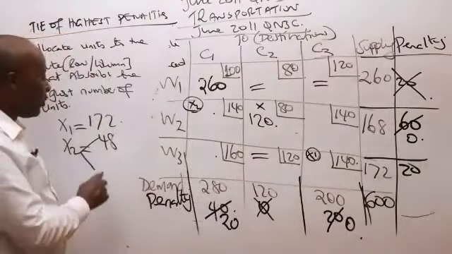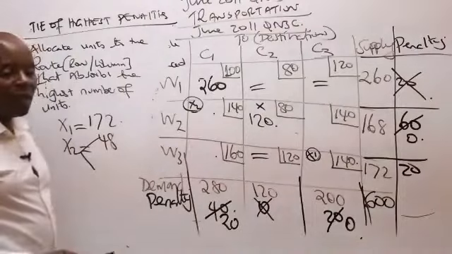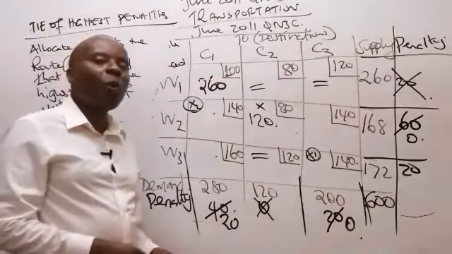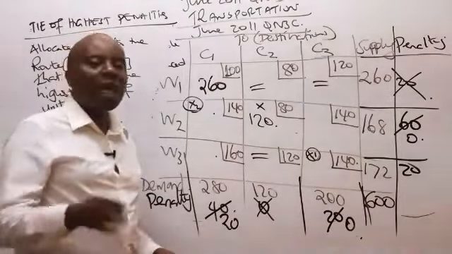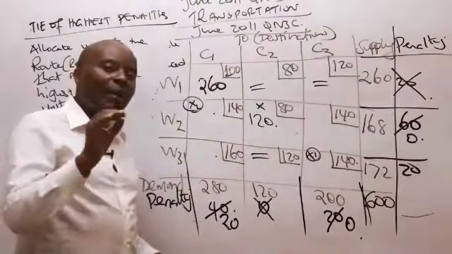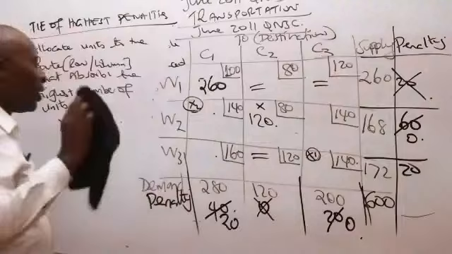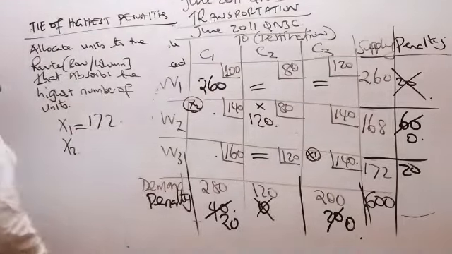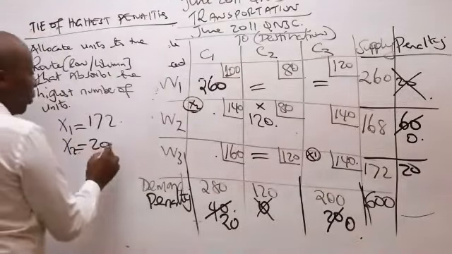That gives me what, somebody there? That gives me 20. And for balancing figure, ladies and gentlemen, there are no two ways about it: for my big cells, I'll always work with the smallest. So in this case, X2 can't take 48. X2 at the end of the day will end up taking 20.